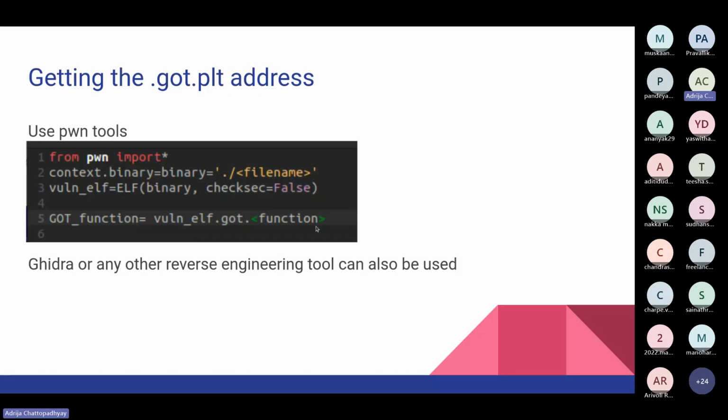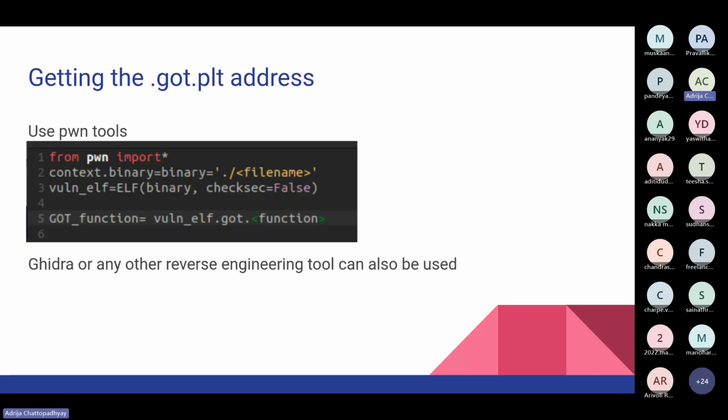So this is an example of how to do it. From pwn import star, that's the first line. Then we do context.binary. We try to get all the symbols of our ELF file. I think in the last session I showed you that an ELF file's header, if it's not stripped, has certain information: all the symbols, names of the functions inside it, and entries in the other tables, like the GOT table and the GOT.plt table.